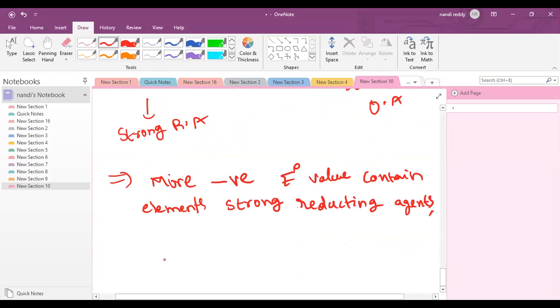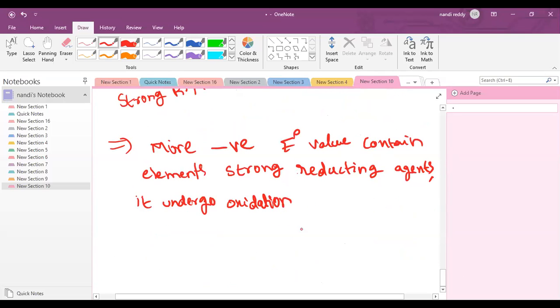Reducing agent means it can lose electrons, which means it undergoes oxidation. Whenever I'm dictating and writing, please try to note down. Sorry, wait, reducing agent is already given. It undergoes oxidation. Okay, fine.